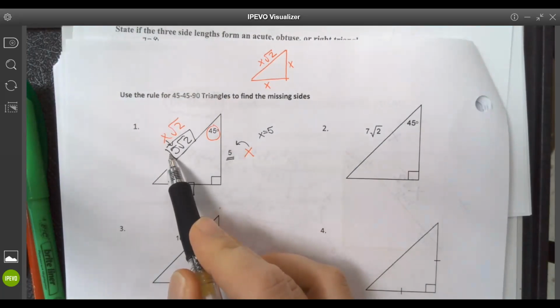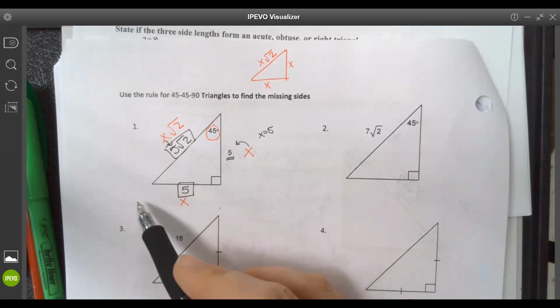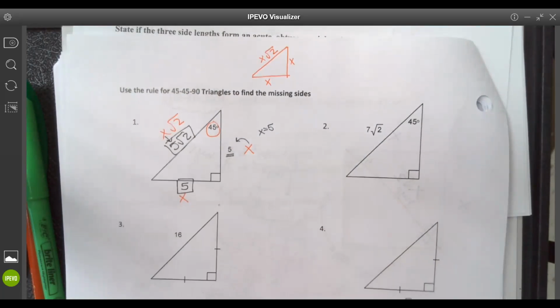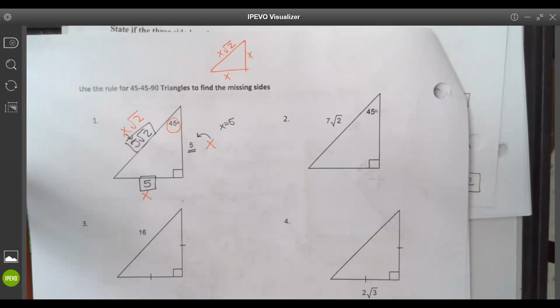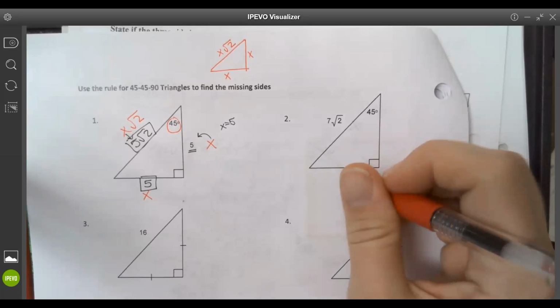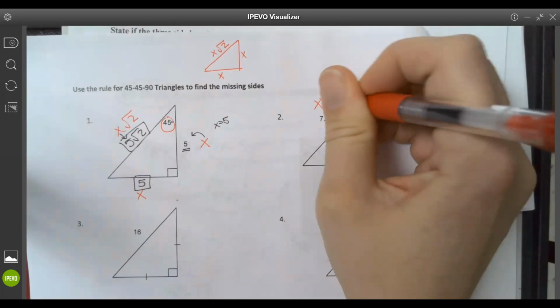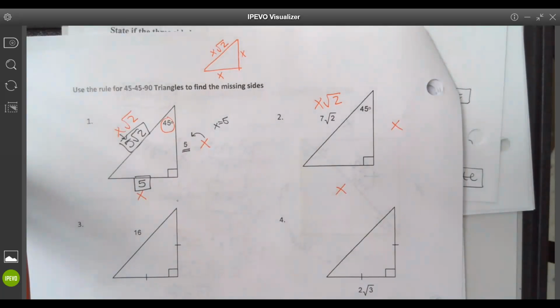Okay. Now the 45, 45, 90 ones are easier because if I'm given either of my legs, I'm good to go. I can just plug in because the legs are x. If I'm not given a leg, like on 2, I know it's x, x, x rad 2. If I'm not given a leg, then I need to make sure I solve for x first.